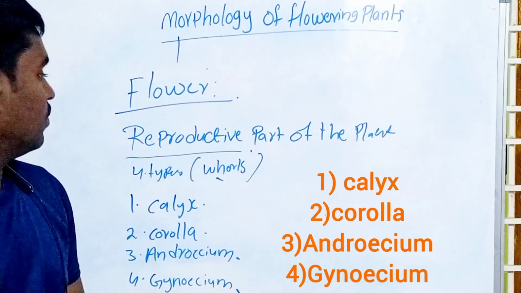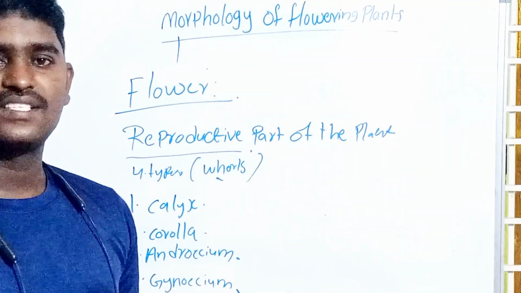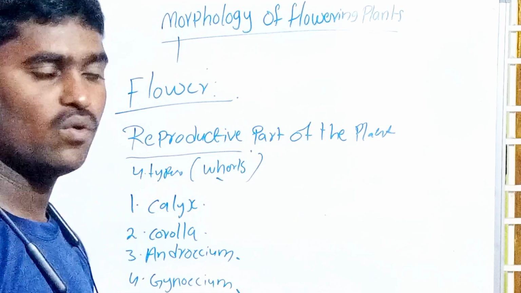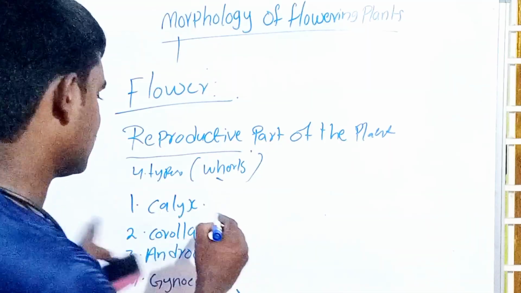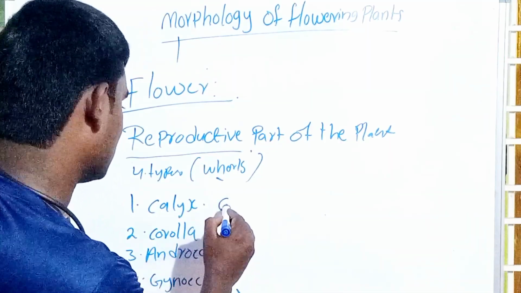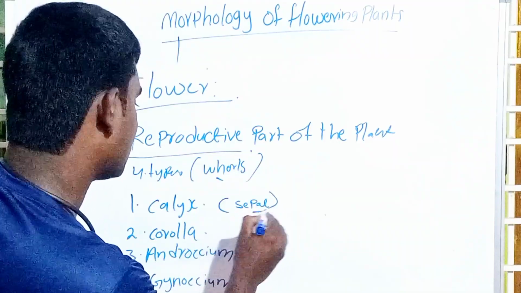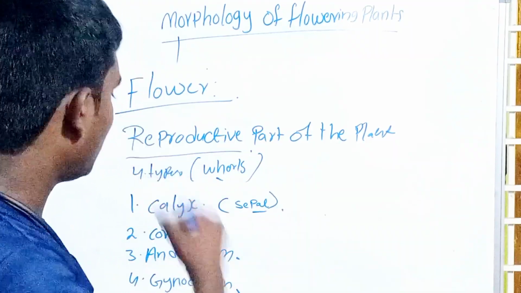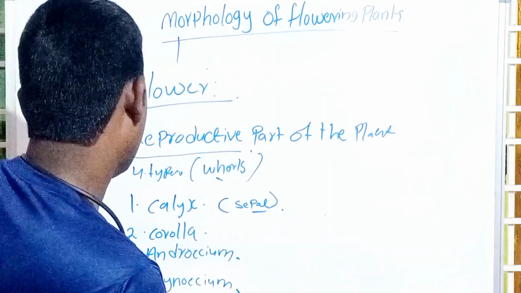Flower is a reproductive part of the plant. First one is calyx and second one is corolla. Third one is androecium and fourth one is gynoecium. Calyx is also called sepals. Sepals are green in color and protect the petals.